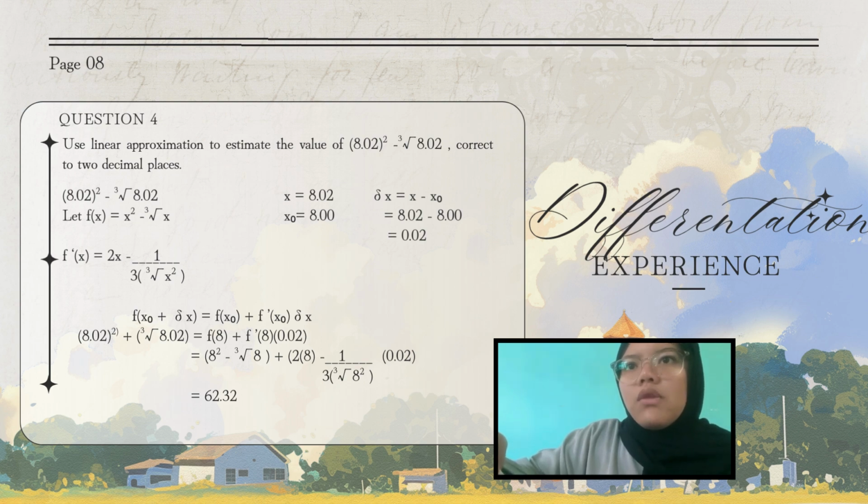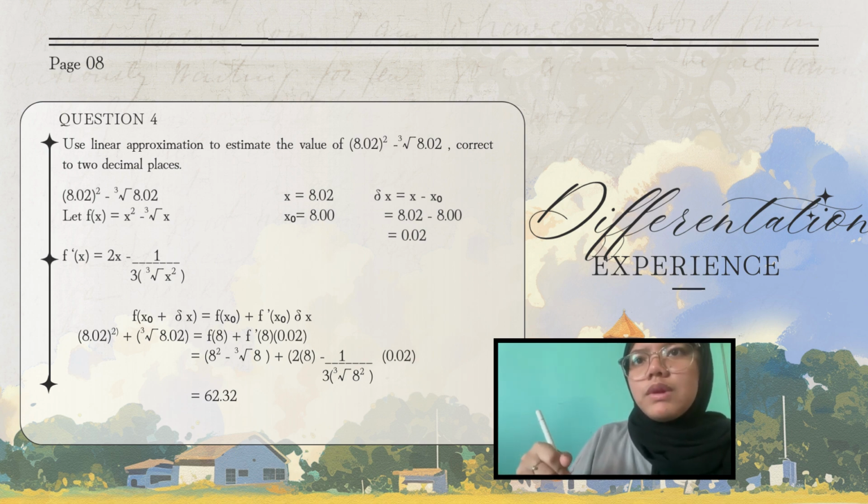Well, with all the information, use this formula: f of x naught plus delta x equal to f x naught plus f prime x naught multiplied by delta x.